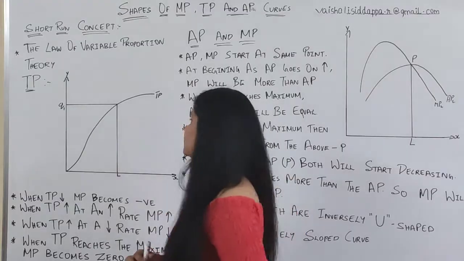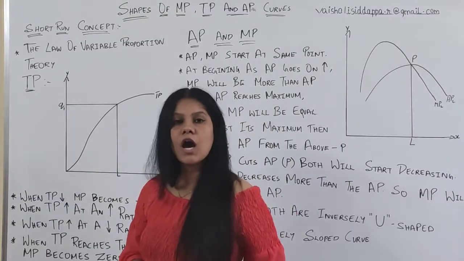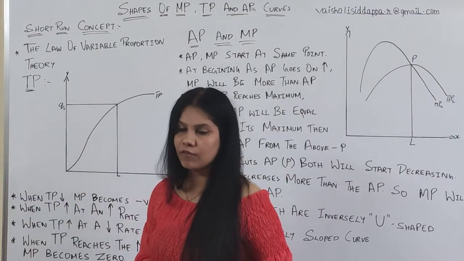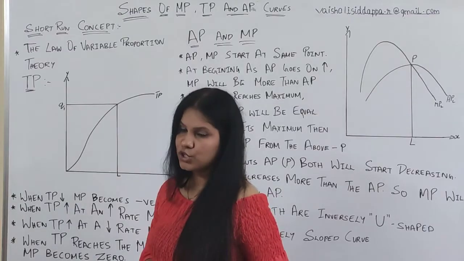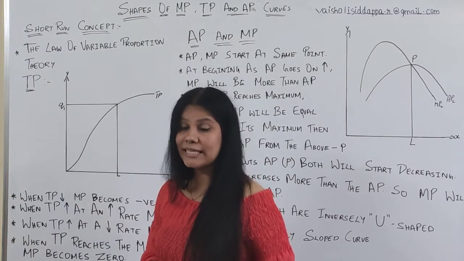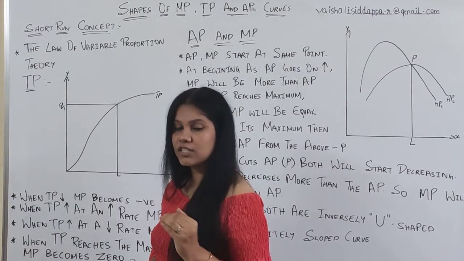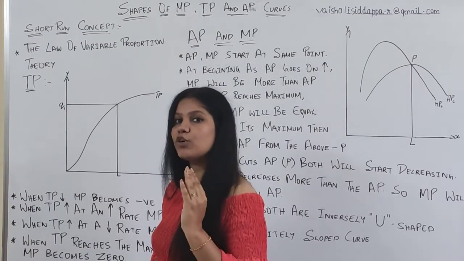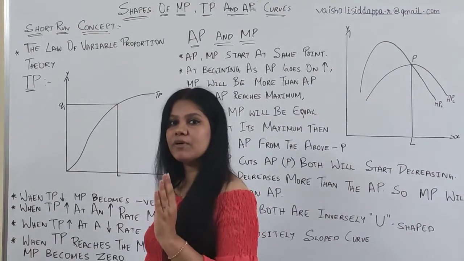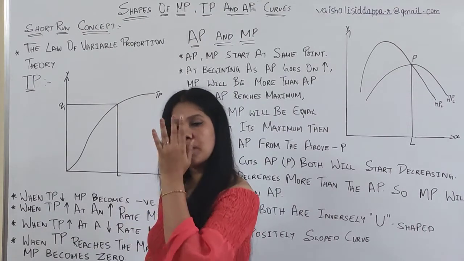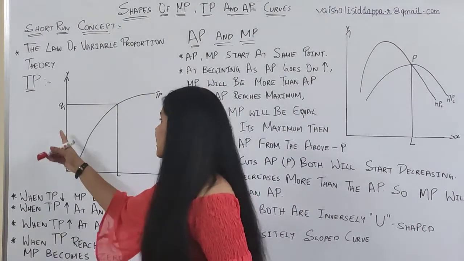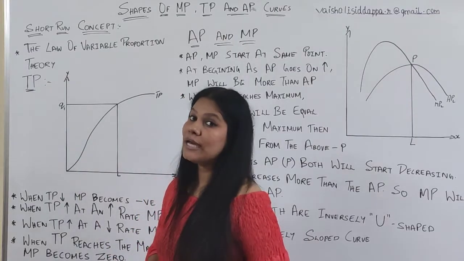First of all, let's talk about the TP, how TP is going to behave. In the short run production function, which is the law of variable proportion theory, land is the fixed factor and labor is continuously increasing. Whenever labor is increased, proportionately the quantity also increases.